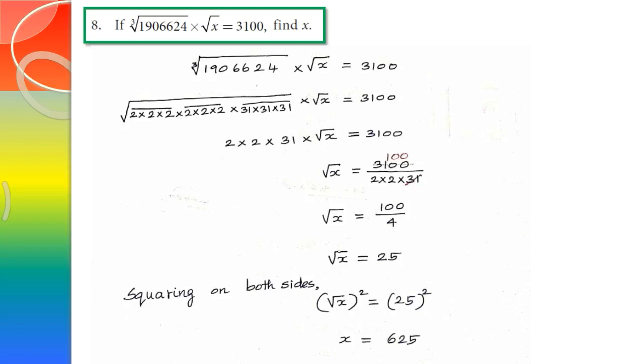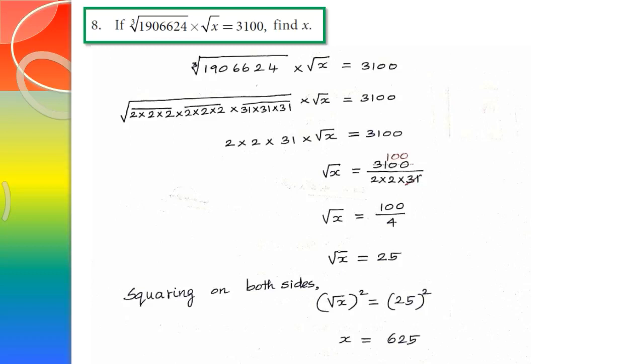Taking the common number among the three values, the answer is 2 into 2 into 31 into root x equals 3100. Root x is on the left side, the right side value is 3100 divided by 2 into 2 into 31. So cancelling 31 into 3100, the answer is 100.